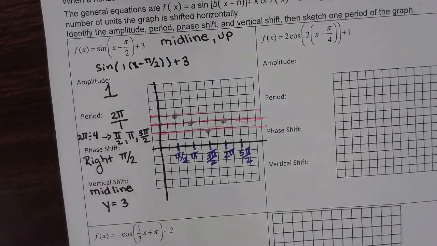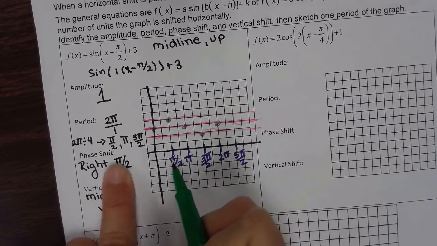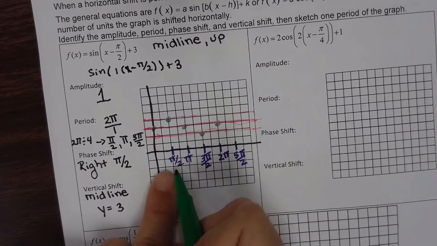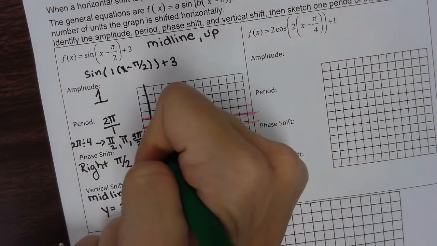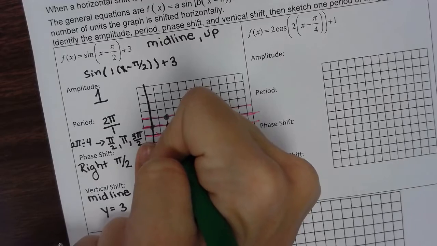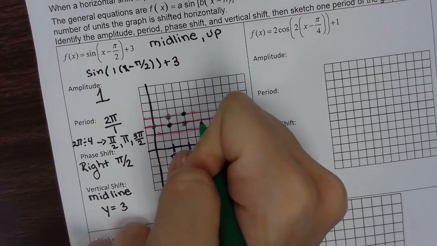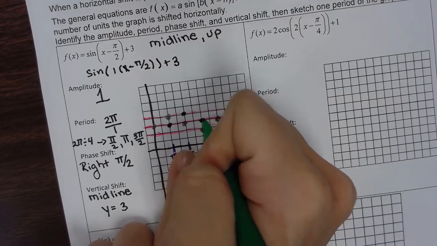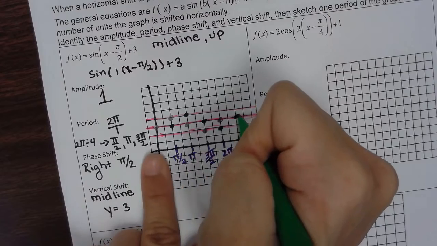But considering we are now doing a phase shift, we are going to move each point by pi over 2 to the right. Pi over 2 is 2 spaces. So my midline starting point comes here, then goes up, midline, low, midline.